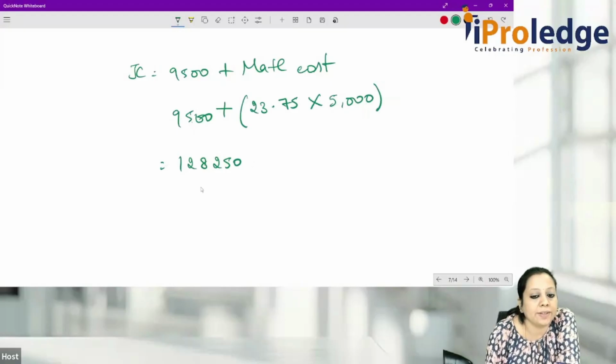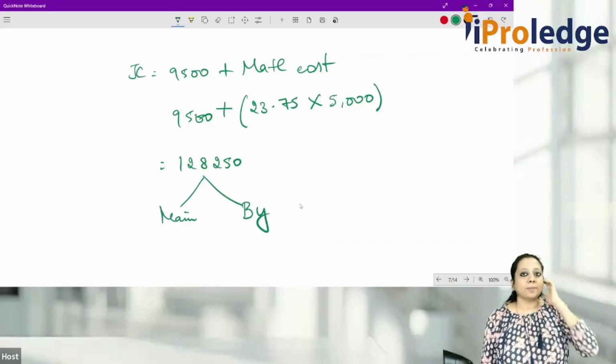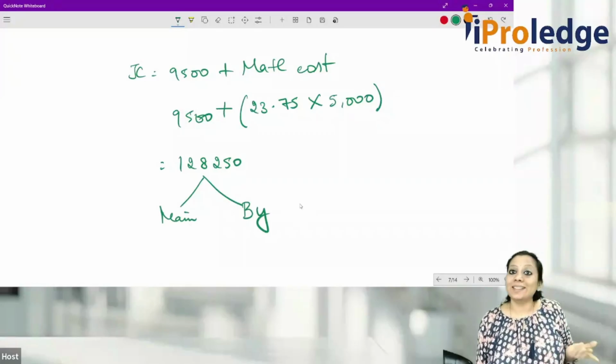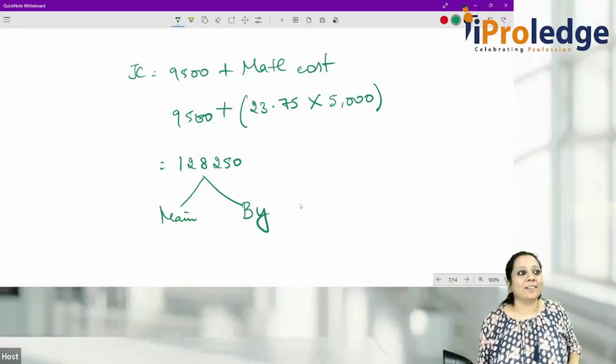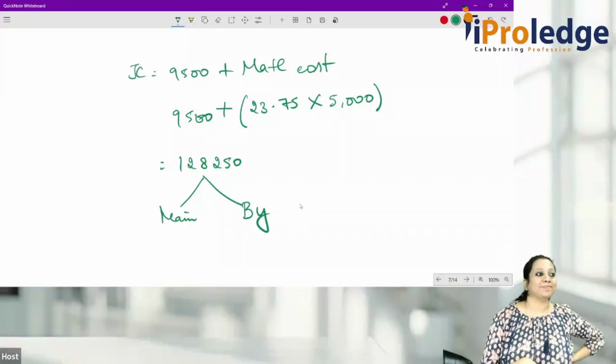So this we will distribute to the products, main and byproduct. We can use sales value or split-off, but all that is not given. What is given is physical quantity.